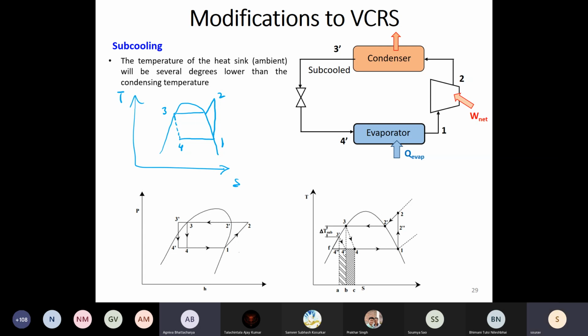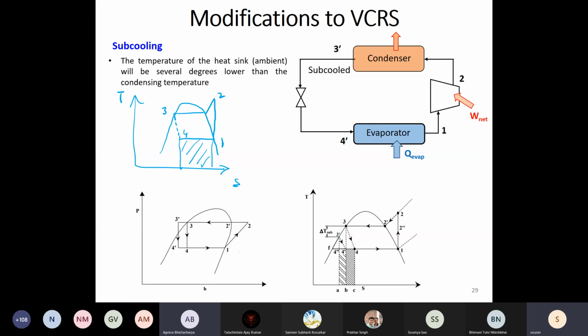If I am able to expand or throttle the liquid from point 3 to 4, this is the refrigeration capacity that I generate. Rather, I should say the refrigeration effect, because we are not looking at the mass flow rate. This is nothing but the cooling effect.